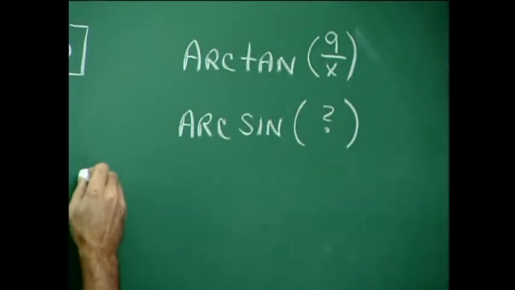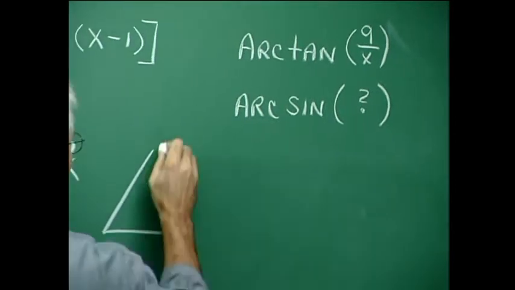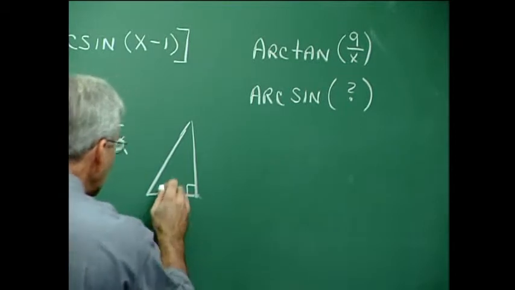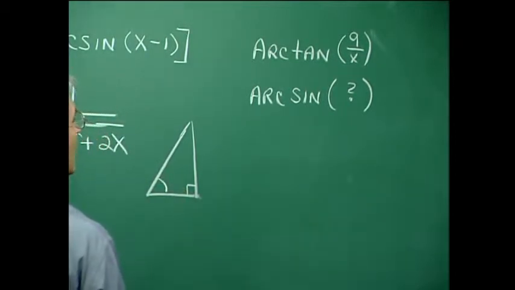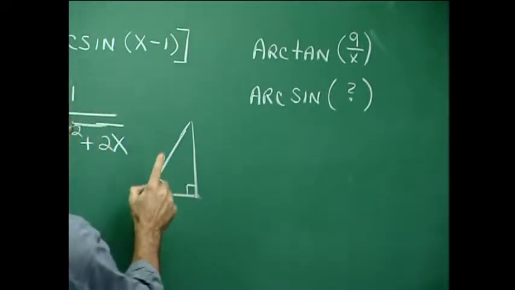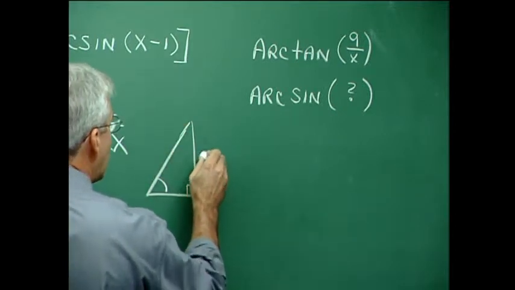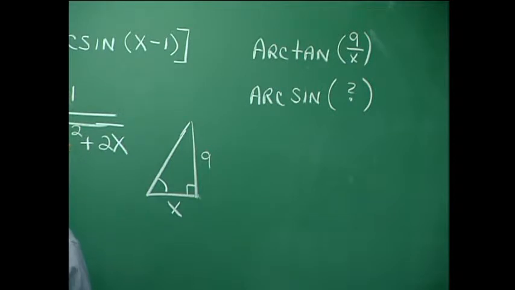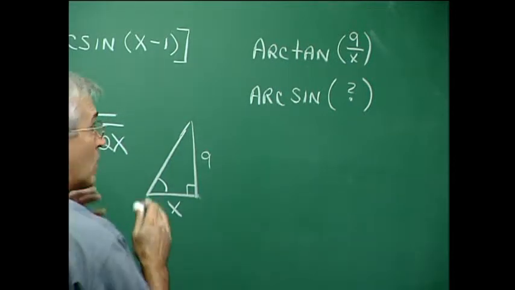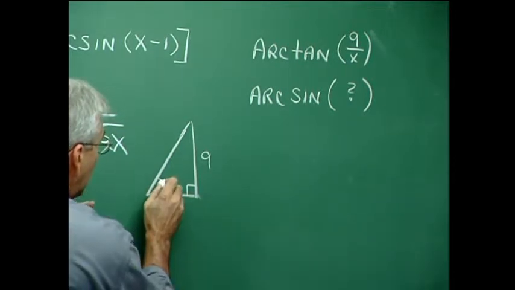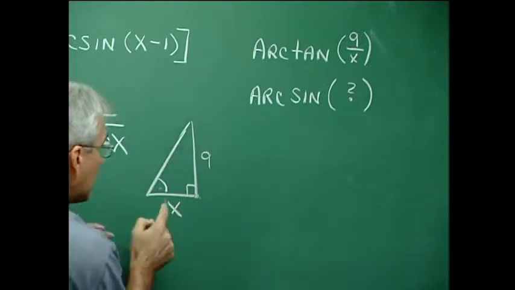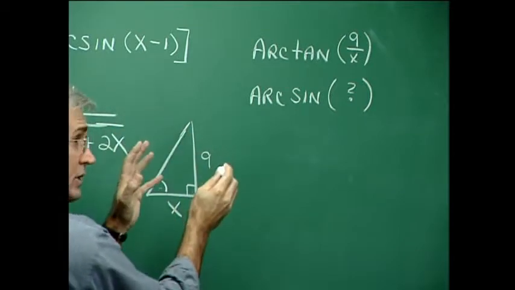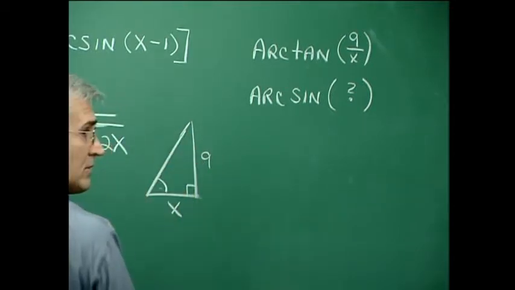in a right triangle, from the perspective of this angle, this is the angle whose tangent is 9 over x, and tangent is opposite over adjacent, so this is 9 over x. And now if we want to make the request for the same angle using sine, that is using these 2 sides in a ratio, then we have to find the length of that side.